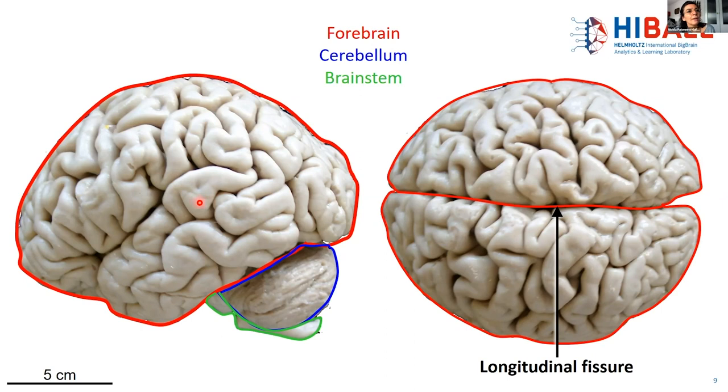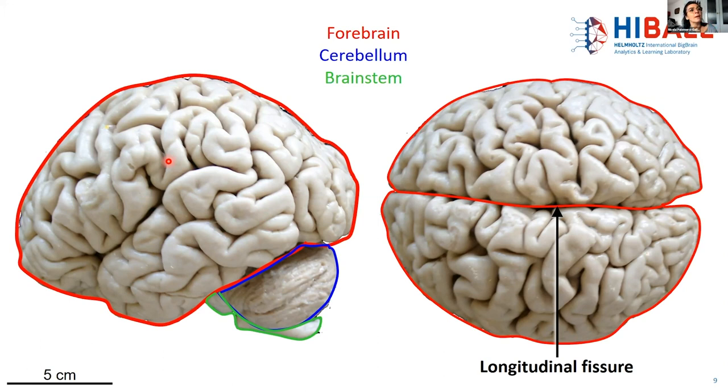I would now like to discuss the differences in these foldings between the forebrain and the cerebellum. The surface of the forebrain and of the cerebellum, I mentioned earlier on, are folded. In the forebrain, we say that the bumps are called a gyrus, or if you've got several, gyri.